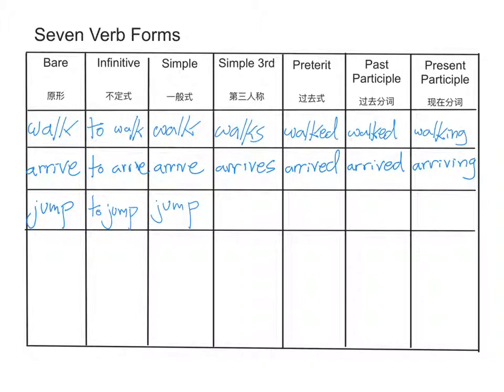The simple third person would be jumps. The preterite form would be jumped. The past participle would be jumped. And the present participle would be jumping.